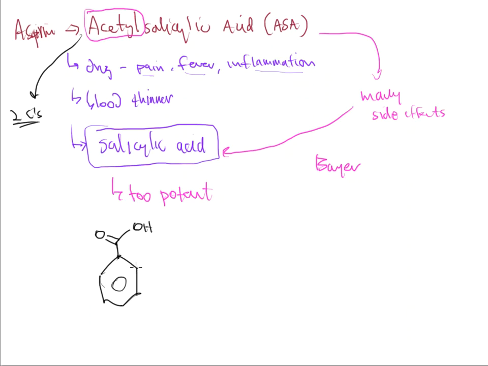So off of this ring, right beside this COOH group, I see another bond that goes to an oxygen, and then this is attached to a carbon with a double bond O, and that's attached to another carbon. There's my two carbon chain. Right there is number one. Right there is number two.